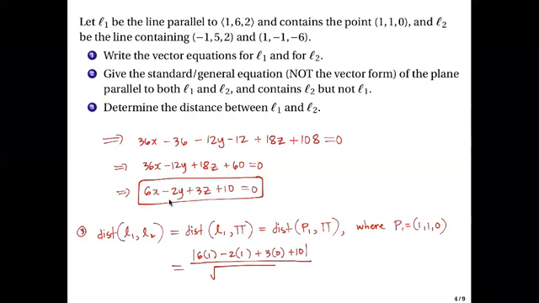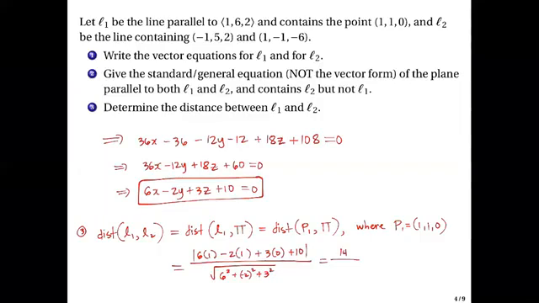So it's the square root of 6 squared plus negative 2 squared plus 3 squared. So we simplify the numerator. You have 6 minus 2, that's 4. And then here plus 10, that's 14 in the numerator. It's positive, so we can remove the absolute value.